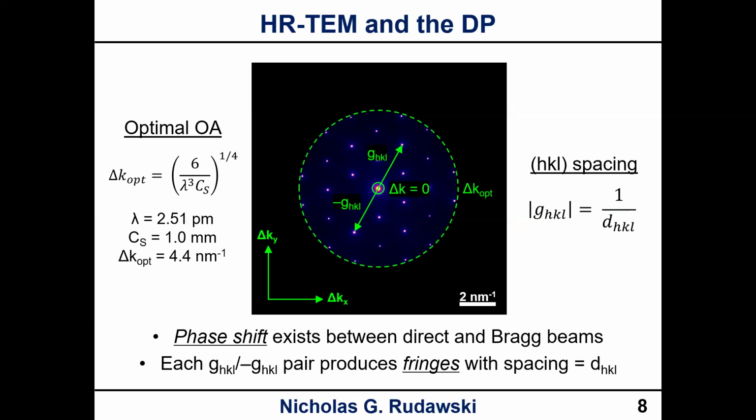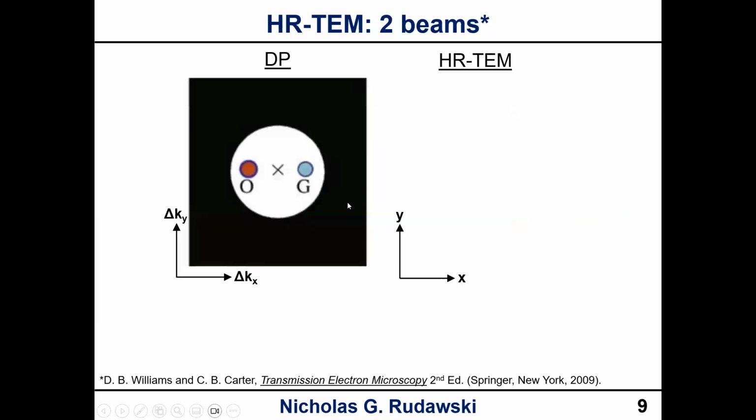So the takeaway here is that for each of these G vector pairs that I include in the aperture, I see a set of fringes with spacing equal to D, okay? And again, D is equal to 1 over G, or G is equal to 1 over D, okay? So that's the takeaway. You could see, like in this example, there's several of these G vector pairs that are possible. I only indicated the one right here, okay?